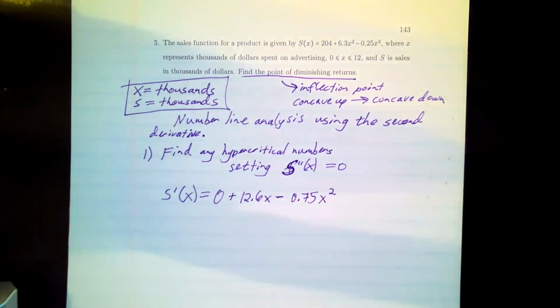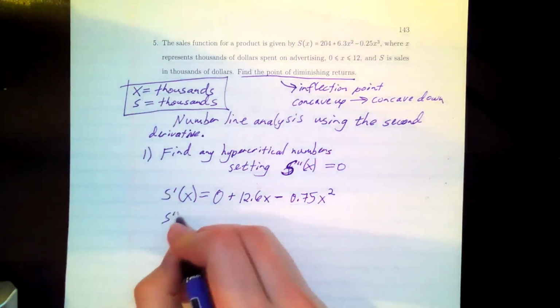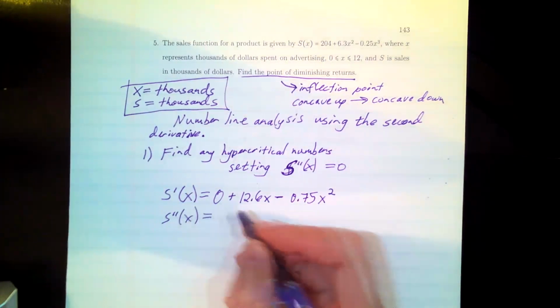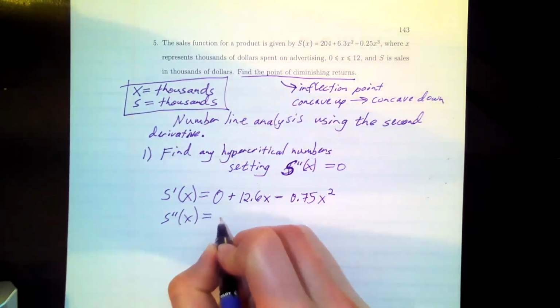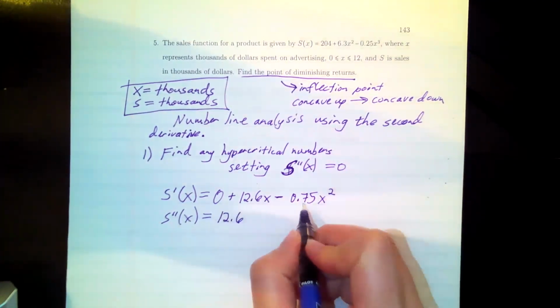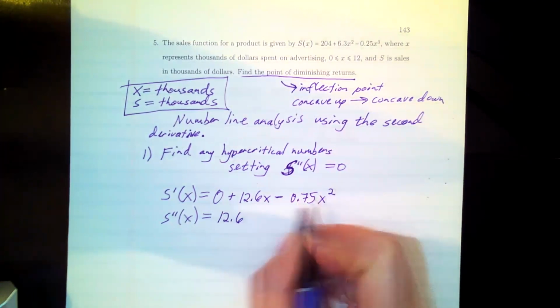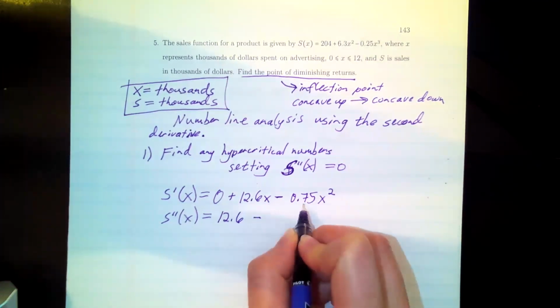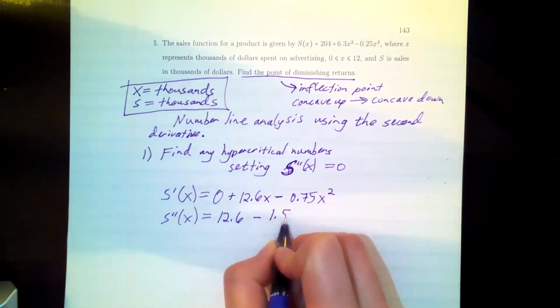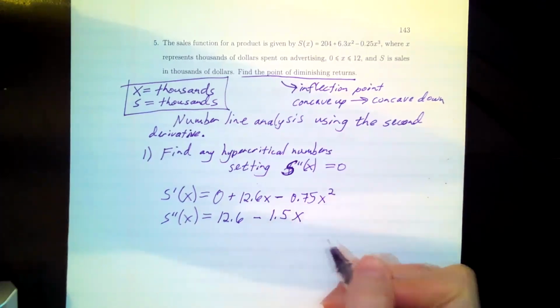I now have to take the second derivative because I want hypercritical numbers. Those come from the second derivative. Let's find the second derivative. The derivative of 12.6x is 12.6. The derivative of 0.75x squared, I use a power rule there, is minus 0.75 times 2, which is 1.5, x to the 2 minus 1.